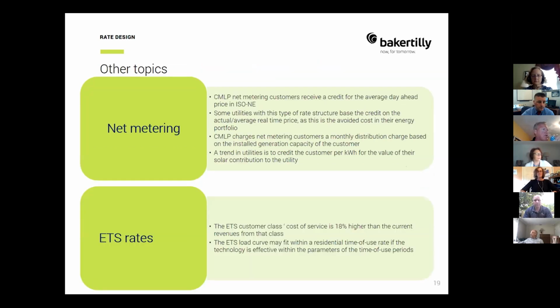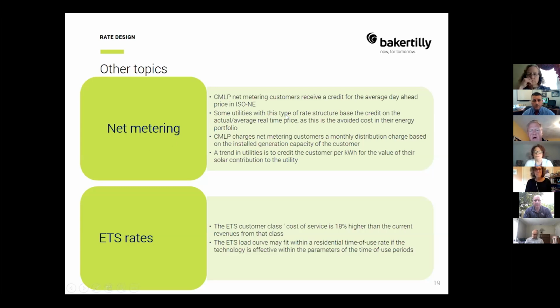So, other topics to look at in the rate design: net metering is one area, where you have a demand charge and then a credit based on the average day ahead pricing in ISO New England.